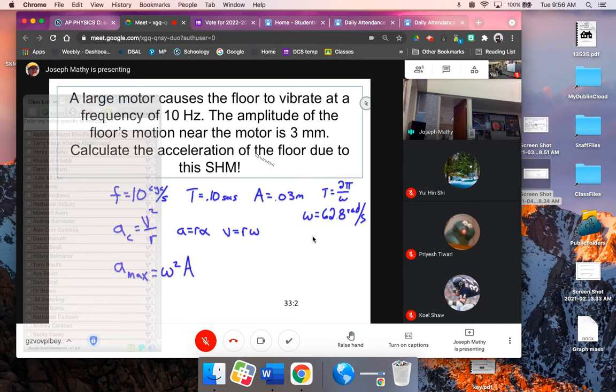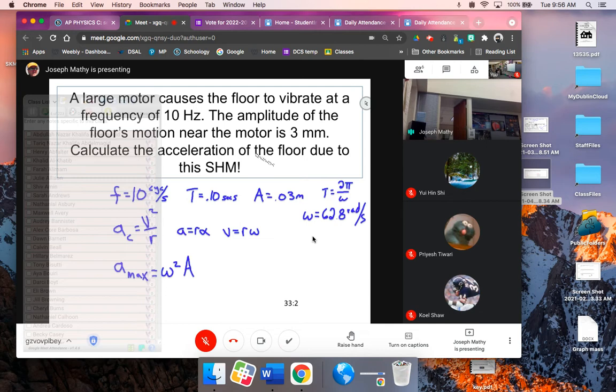The time isn't pertinent here because the acceleration is going to change. So this would be the maximum acceleration, which occurs at its amplitude.